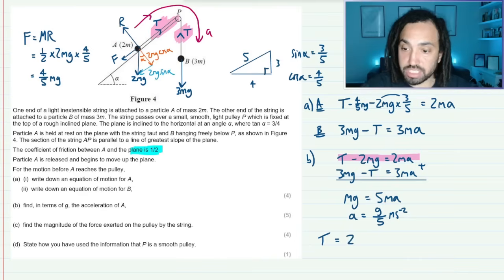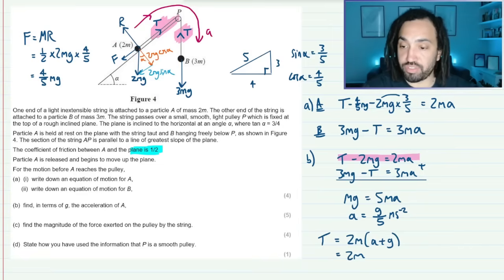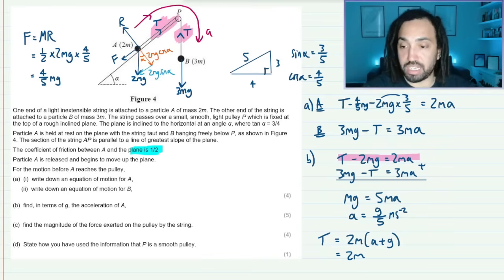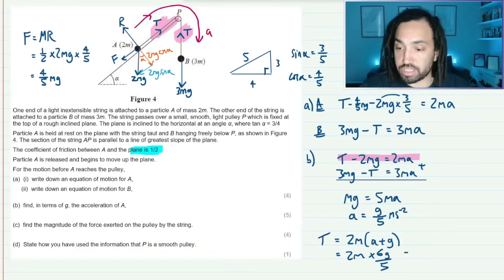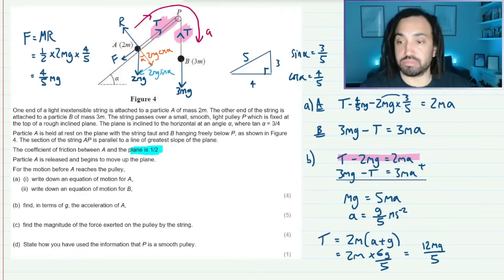So that is essentially 2m(a + g), which is 2m, and we know a is g/5. We want to sub out a, of course, so we can get it in terms of g. So that is going to be g/5 plus g, which is 6g/5. So that simplifies to 12mg/5. So that is the value of the tension.